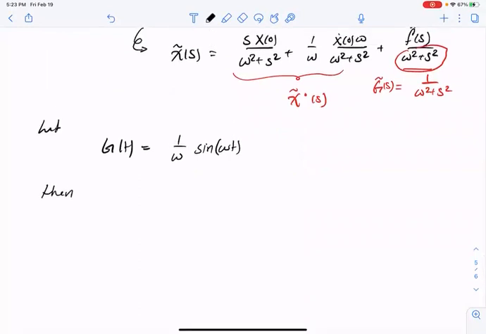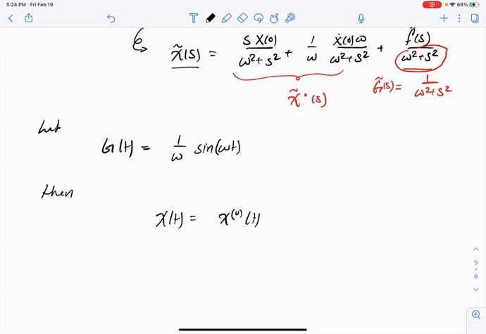So inverse Laplace transforming the left-hand side, we get x of t. The first term is what we would have gotten in the absence of the force.